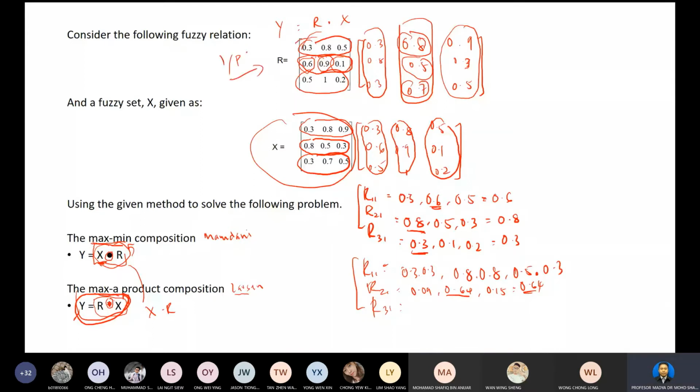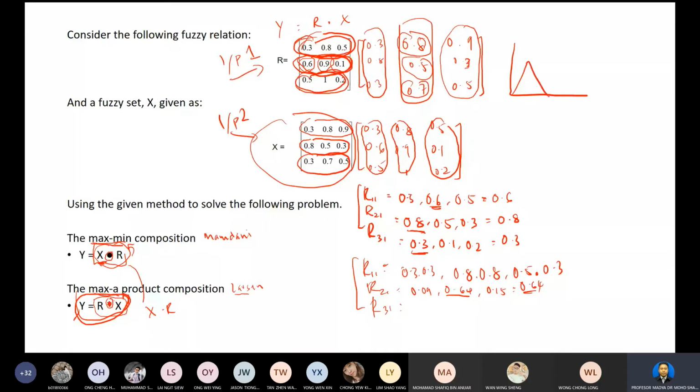On input one, we have membership 1, membership 2, and membership 3. If you convert it into graphical form, maybe it looks something like this. This is just an example.